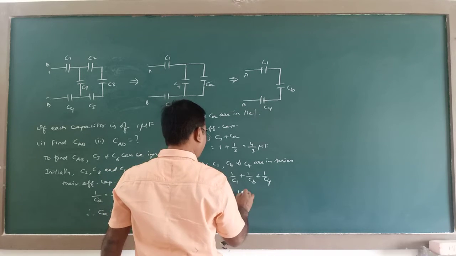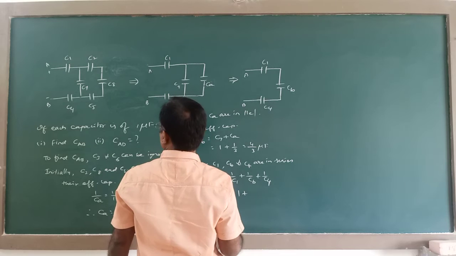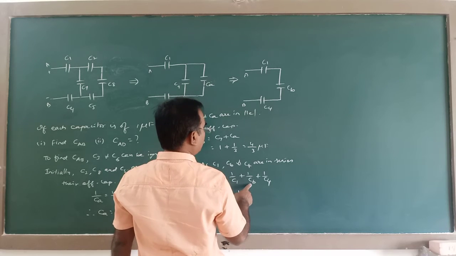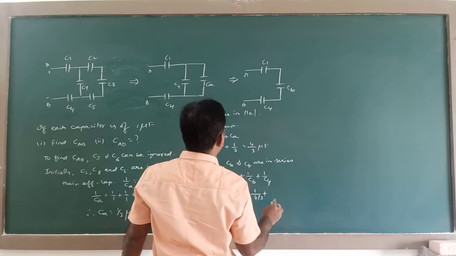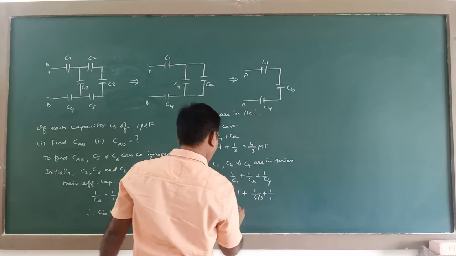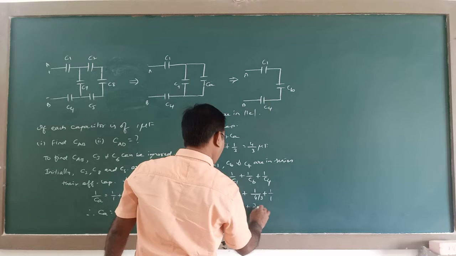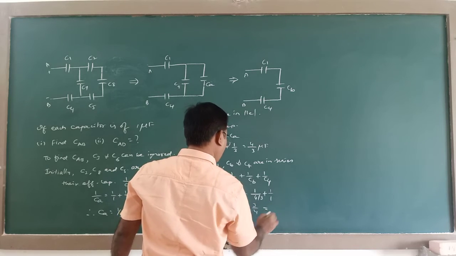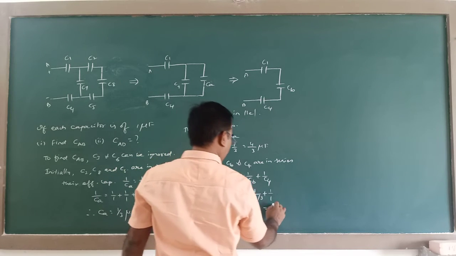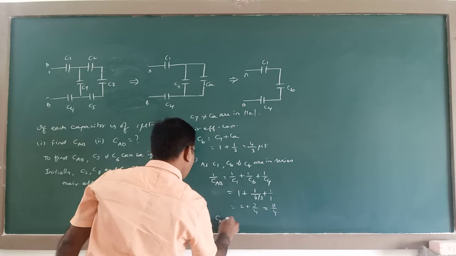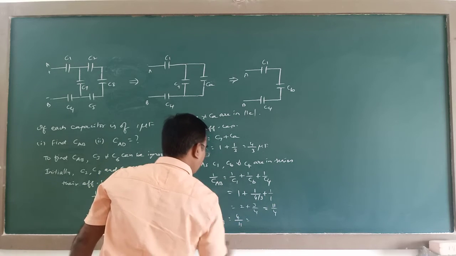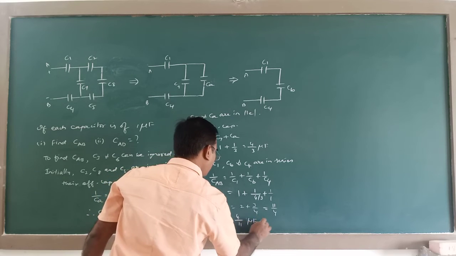C1 is 1, CB is 4 by 3, C4 is 1. So it is 2 plus 3 divided by 4, so 8 plus 3, 11 by 4. Therefore CAB is equal to 4 divided by 11 microfarad.